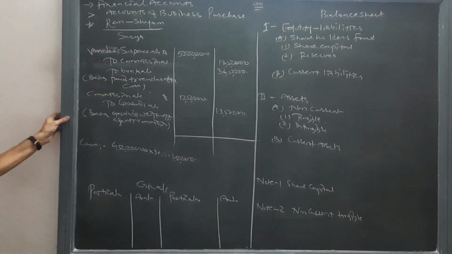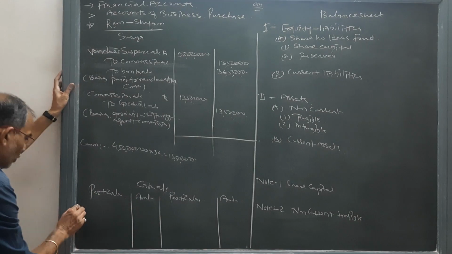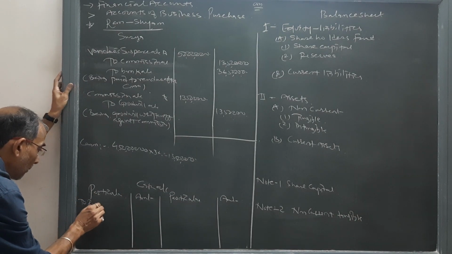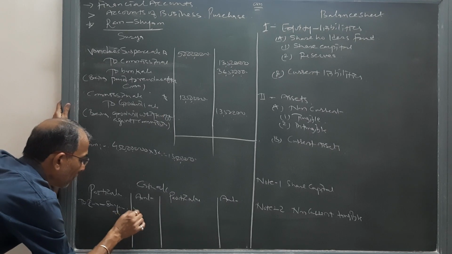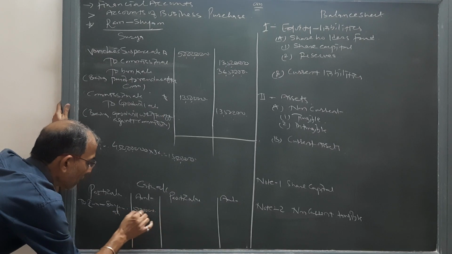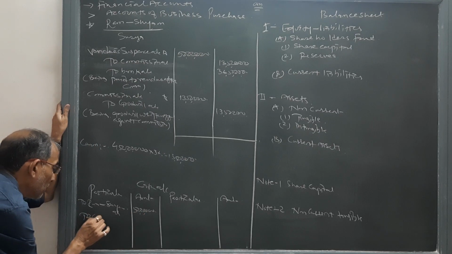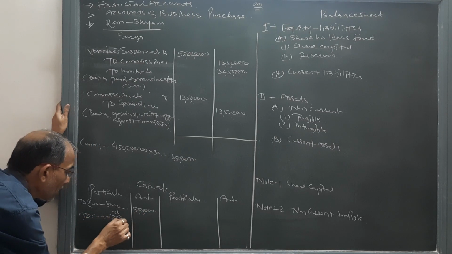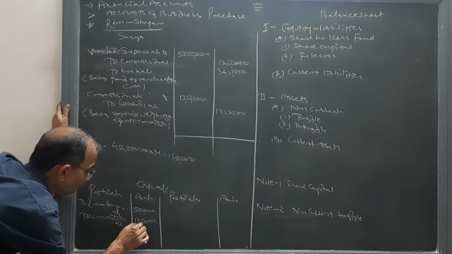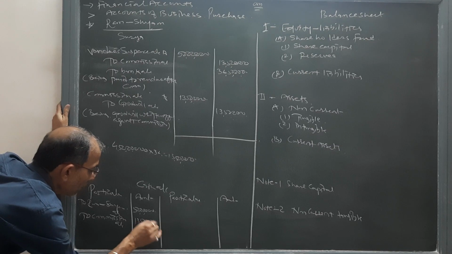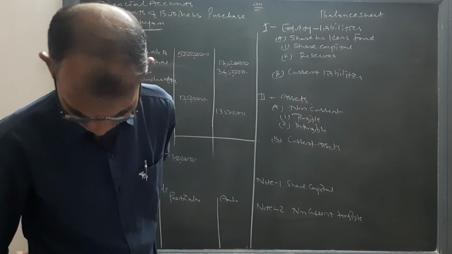If we come to cash account, 50 lakh was cash of Ram and Shyam. Commission came 13 lakh 50,000 and nothing was other entry.